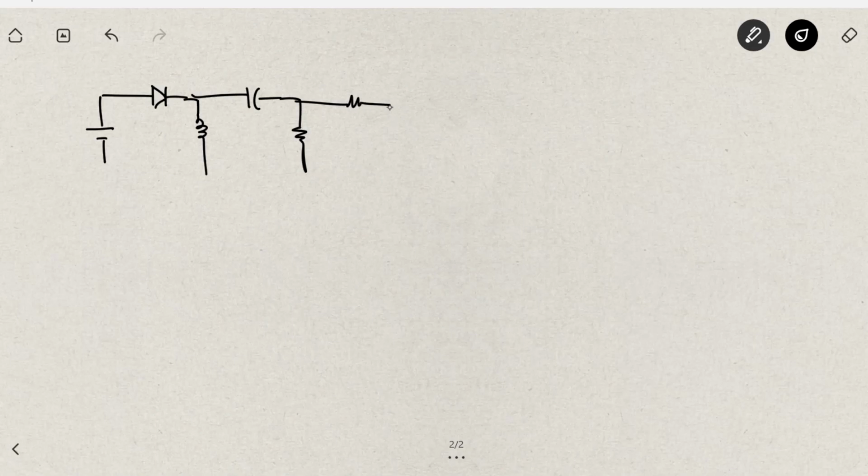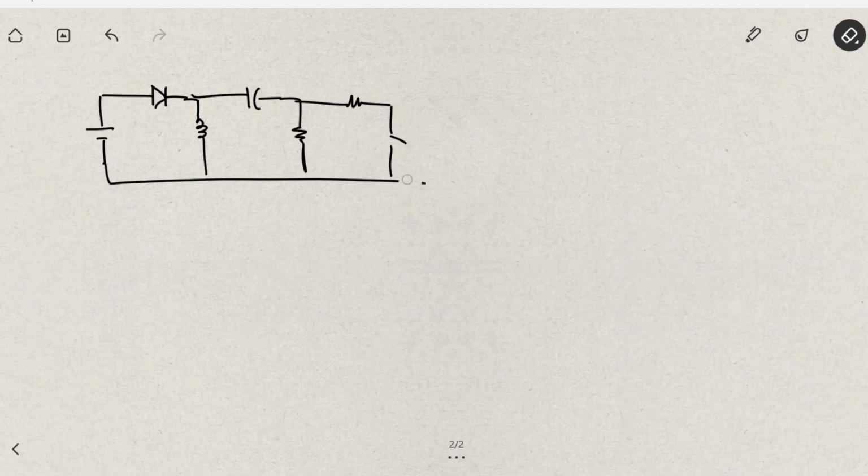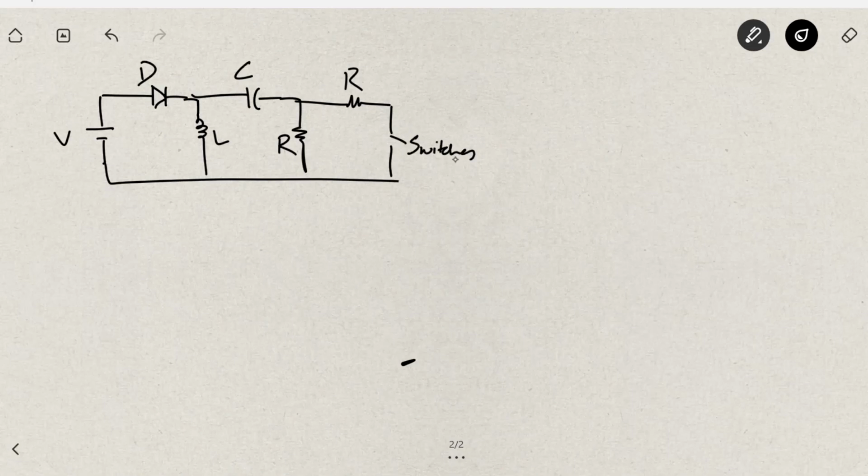You can have switches, so you have a circuit like this where you have a voltage source, you have a diode, you have a capacitance, you have an inductance, you have multiple resistances, you have switches operating in this system. Fine.